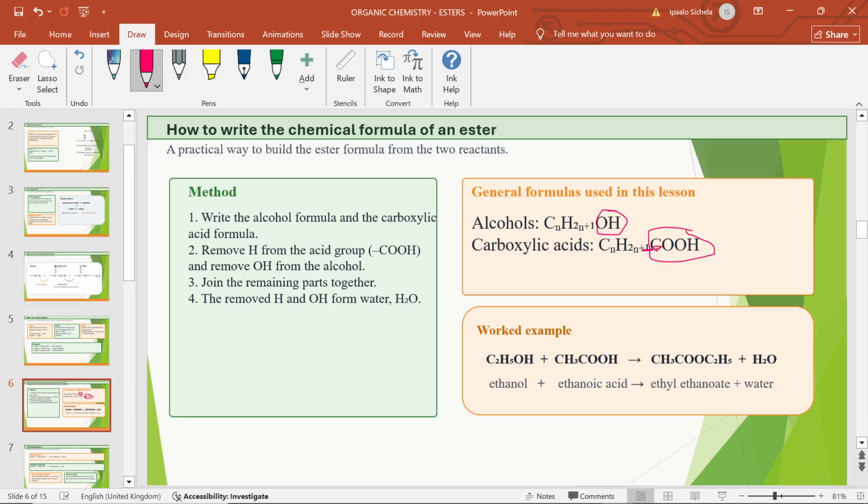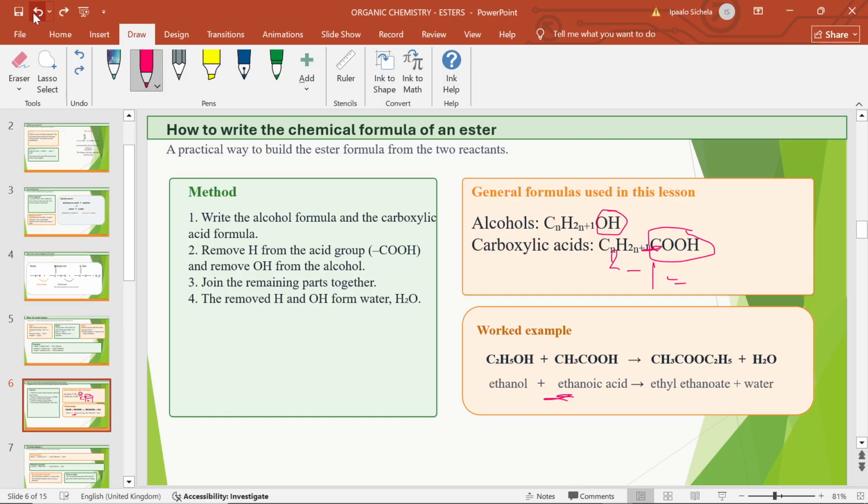Because of this extra carbon atom, we will not put 2 directly, even though eth means 2. We say 2 minus 1 because there's an extra carbon atom, and this gives us 1. So where there's n, we'll put 1 instead of 2.